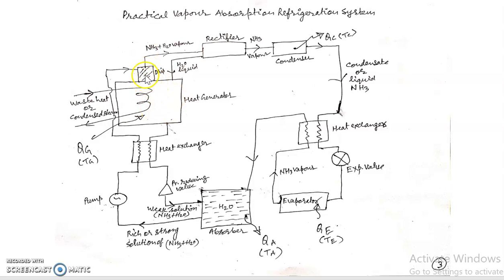The ammonia vapor passes through the drip, and the remaining solution, which is weak, is again sent through the heat exchanger. The solution coming out from the heat generator is at high temperature, so some heat is transferred to the rich solution which is pumped to the heat generator, and this weak solution of aqua ammonia is passed through the pressure reducing valve and returned back to the absorber. In this way this cycle continues.